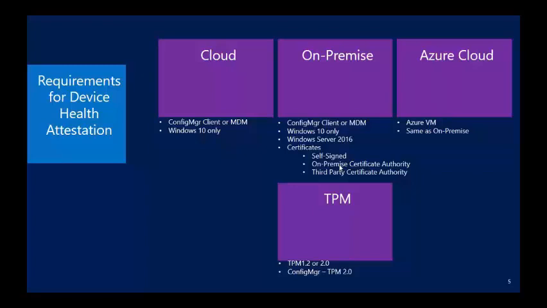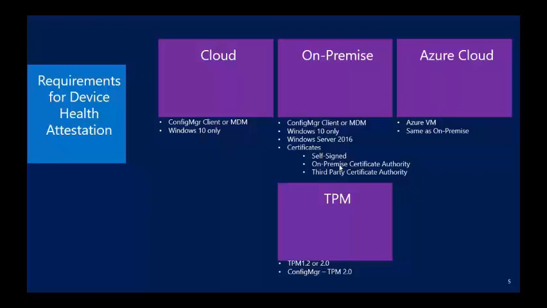this particular area. The rule of thumb right now is that if you're using cloud only, Device Health Attestation, cloud only, or Device Health Attestation in the cloud, right? Then we support TPM 2.0. If you use on-premise Device Health Attestation through Server 2016, we do support TPM 1.2 and 2.0.